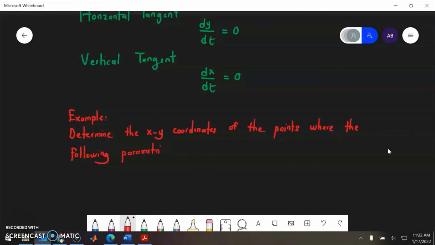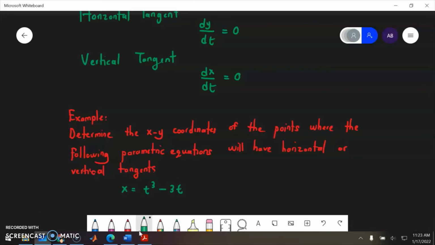To be honest, I shouldn't mention parametric equation at all, because you know that if it's involving two equations, x and y, it is a parametric equation. Okay, so these are the equations. If you are given two equations, x involving t and y involving t, this is a parametric equation.